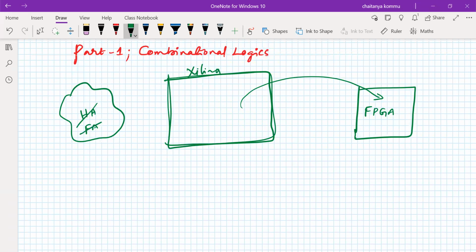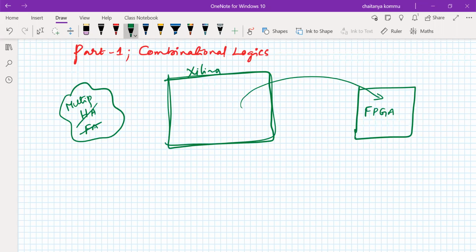Sometimes I want a multiplier. I can design this multiplier in Xilinx software and dump it into an FPGA so that the FPGA acts as my multiplier. Is it clear? This is the total idea of what the lab is all about.